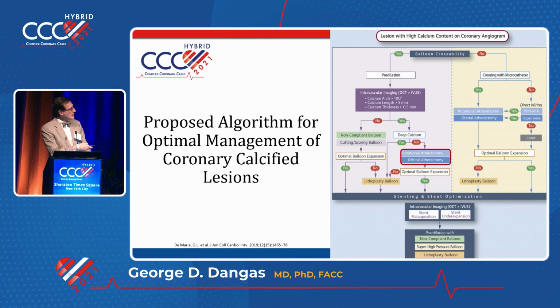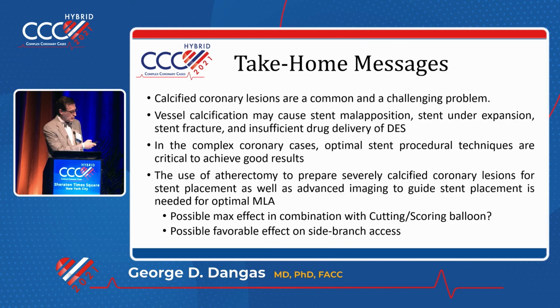Obviously, if no balloon goes, lithoplasty is not going to go. If it's no, you have a bit of a situation: the direct wire with a rota wire, such as in this very last case Dr. Sharma indicated. If the microcatheter doesn't cross, but goes all the way to the middle of this occlusion and gets stuck at the calcium, you can still wire the rest of the occlusion most of the time with your dedicated atherectomy wire, and then convert to atherectomy.